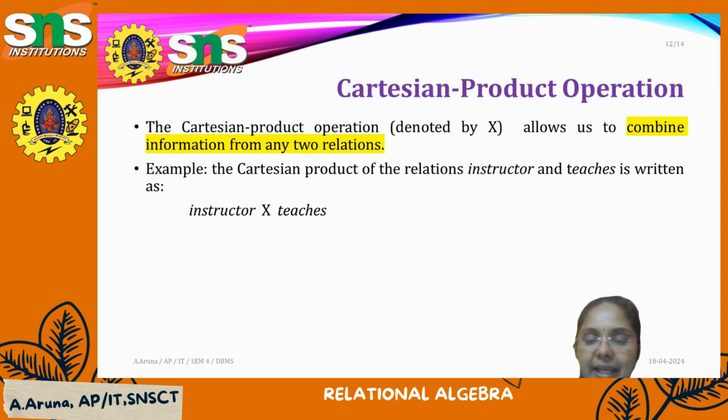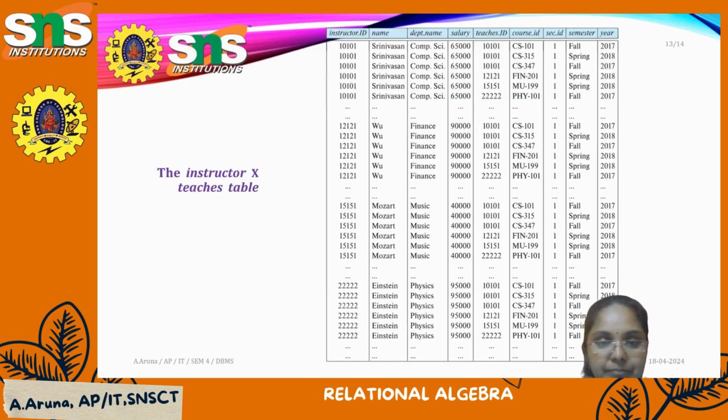Both will have the same key. That is, ID is the primary key in instructor, and in teachers it is a foreign key. While combining these two things, we go for a Cartesian product. Just like this: instructor, Cartesian product symbol, teachers. This is the representation of joining the two parts.